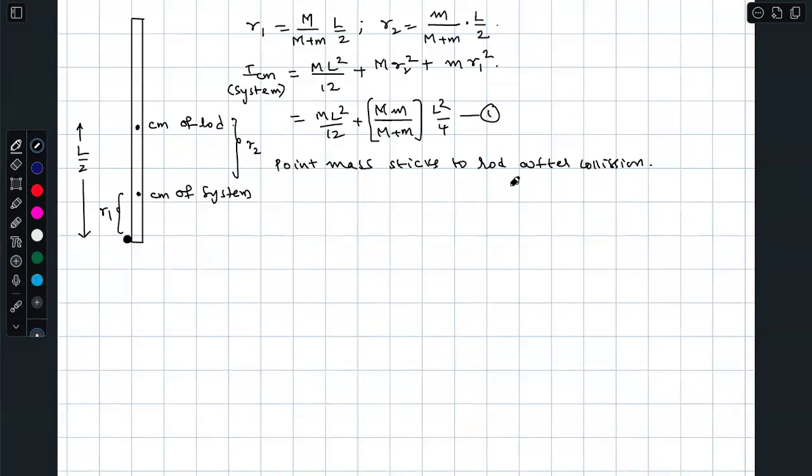Right. Now see, even now you can apply law of conservation of linear momentum. So which is nothing but equation 2.